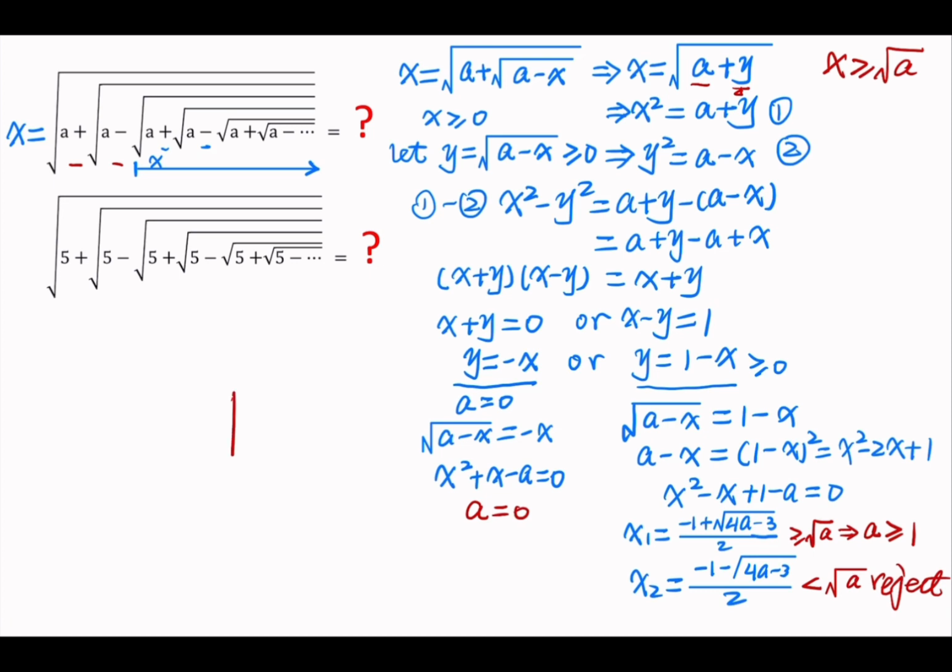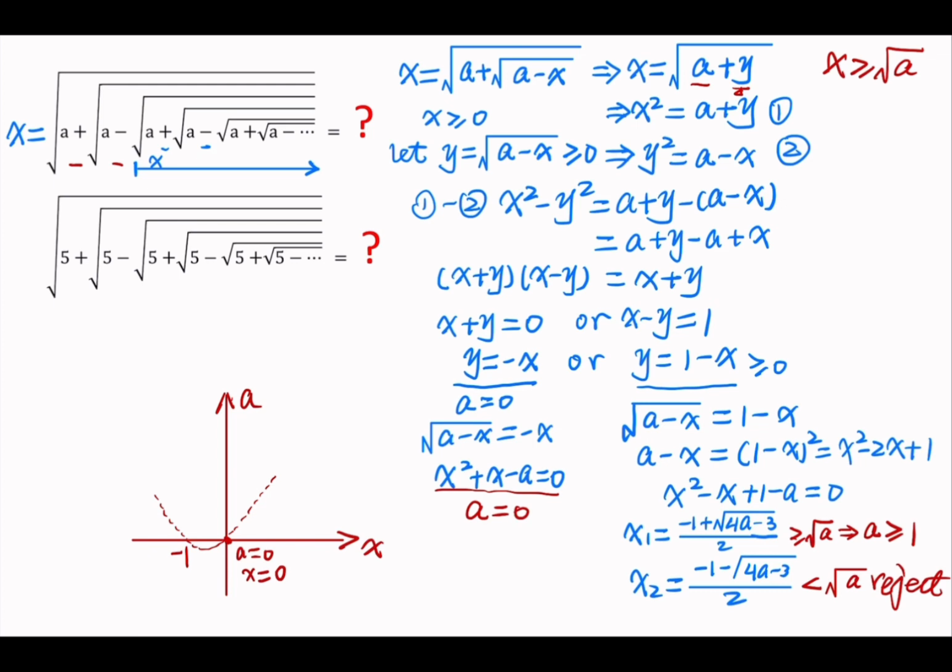Let's look at it in the coordinate plane. This is a, and this is x. So the first equation here is going to look like this, here is -1. Here's a equals 0, x equals 0.